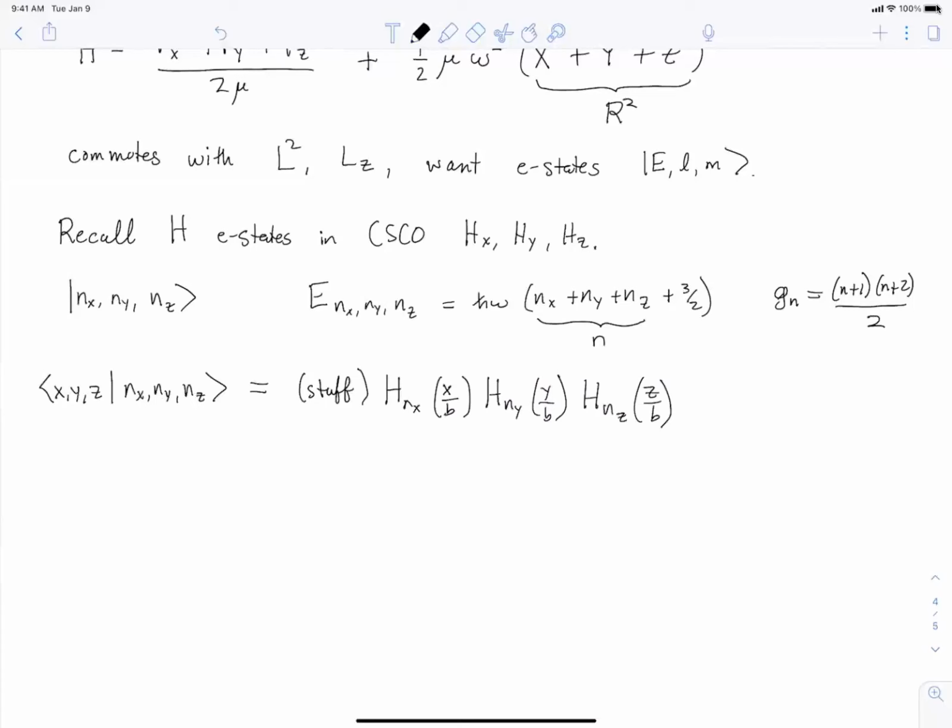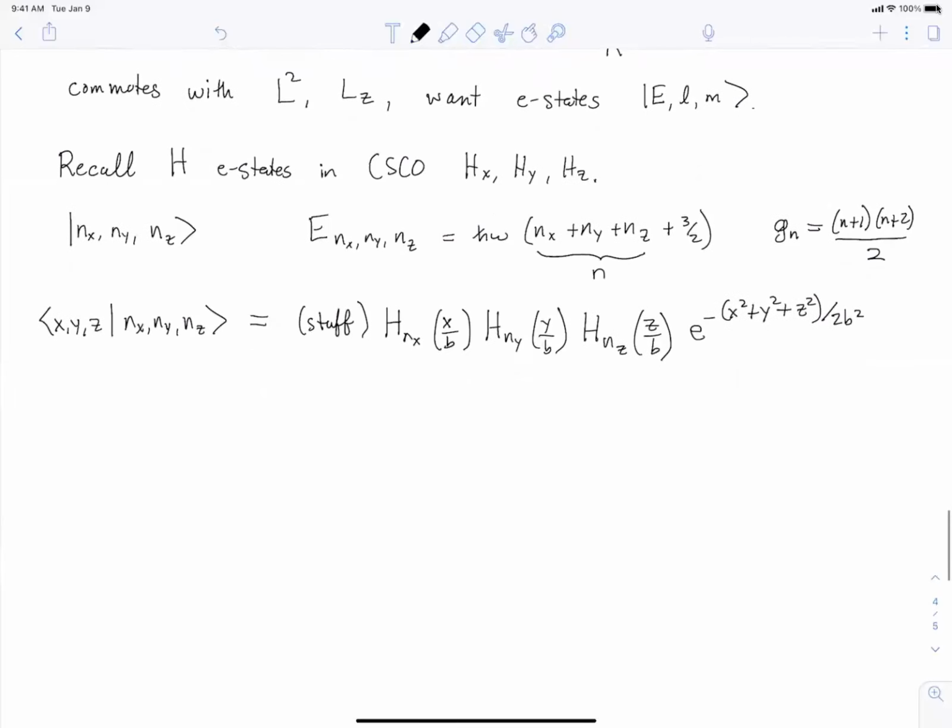And then there were the exponential factors, which all arrange themselves into e to the minus x squared plus y squared plus z squared divided by 2b squared. Okay, so remember, b was equal to square root of h bar over mu omega. That's some length scale. And this factor at the end, we notice arranges itself into e to the minus r squared over 2b squared.